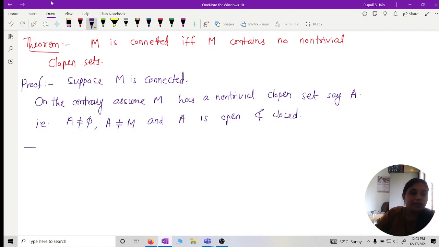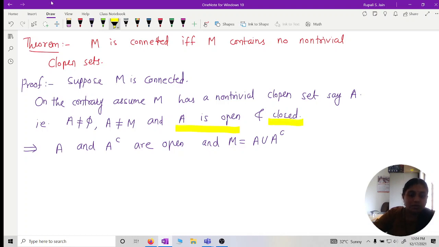If A is open, what can I say about A and A complement? A is open, and A is closed also.